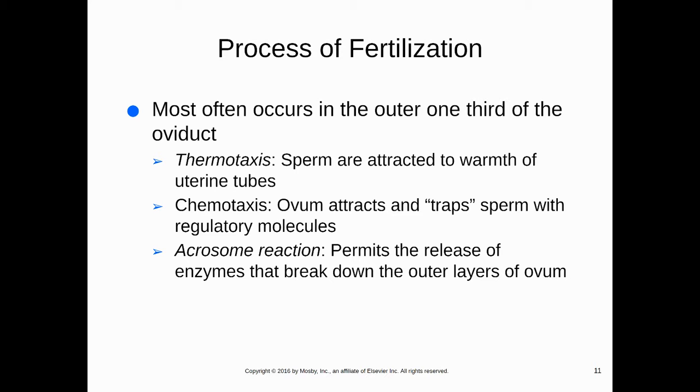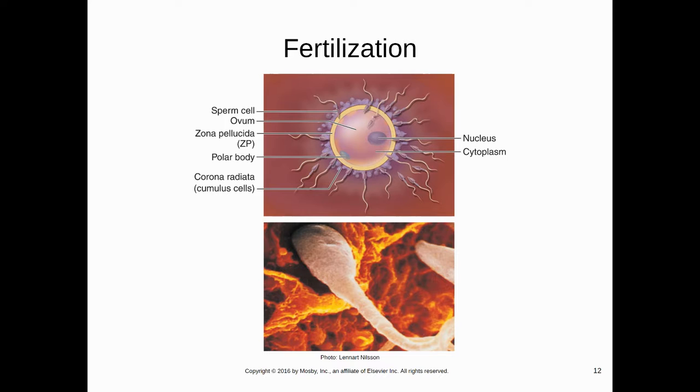Essentially what happens there is it allows for the release of enzymes to break down the outer layers of the ovum, and once that's breaking down, it kind of becomes a blastocyte, which is the fetus, and allows fertilization to occur.